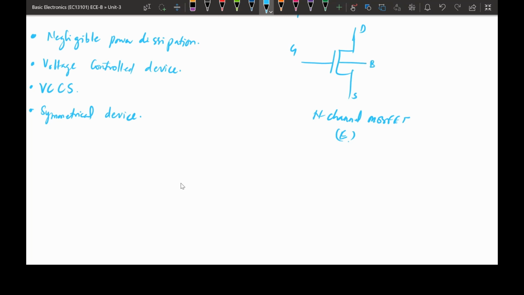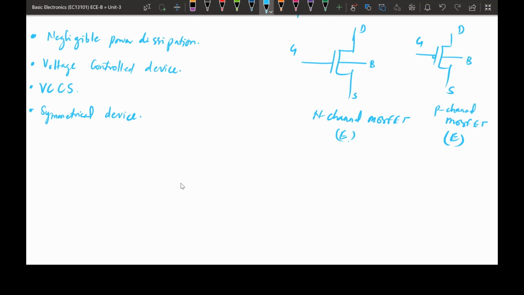If it is P type, we use a bubble here to indicate this is the P channel MOSFET, of enhancement type. This is drain, gate, source, and body.